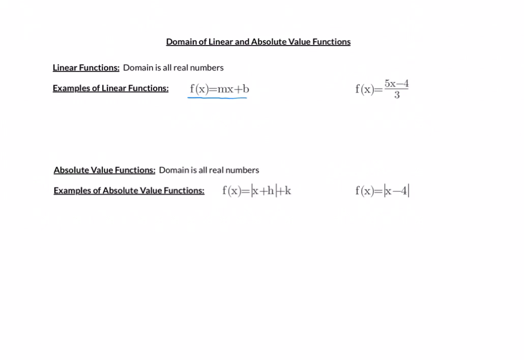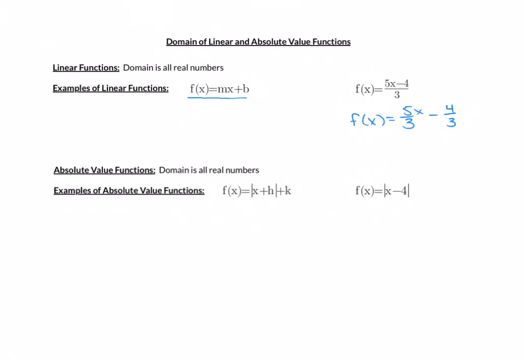So now I want to ask you a question. If we look at f of x equals 5x minus 4 over 3, is this a linear function? And the answer is yes. Technically, I can separate that 3. And now note that we have it in mx plus b form.